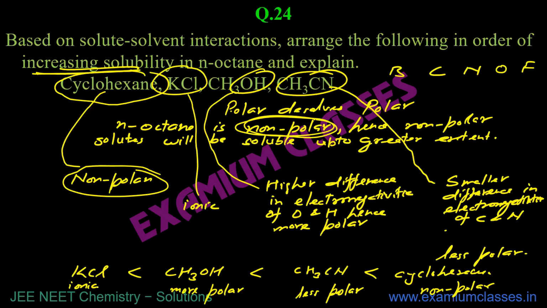Ionic one will be barely soluble in non-polar compounds. That's why this is the trend. These types of questions are very common in NEET and JEE, so everyone should be clear about it. Any confusion, anyone, let me know.